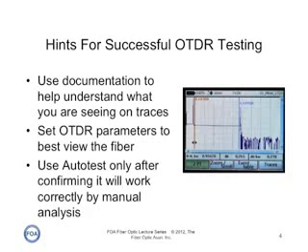Once you've taken traces and analyzed them manually and know that the OTDR can do the traces properly, you can then try using AutoTest and determine whether or not the OTDR can use AutoTest on other fibers in the same cable, which can, in fact, save you a lot of time. But it doesn't save you any effort unless they make proper measurements, and only you can determine that by manual analysis of the traces.